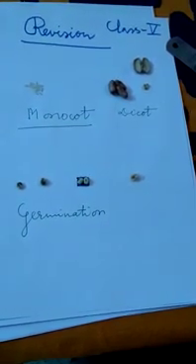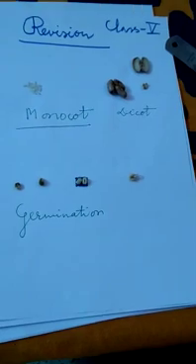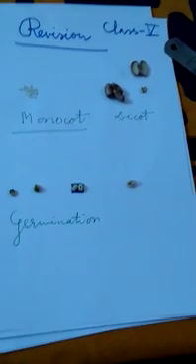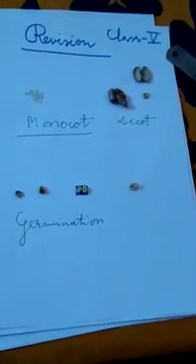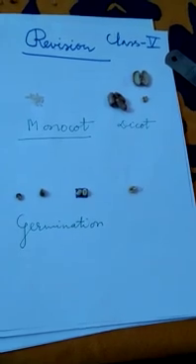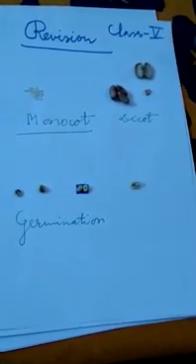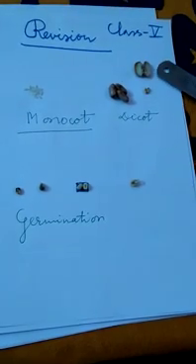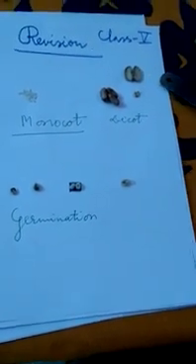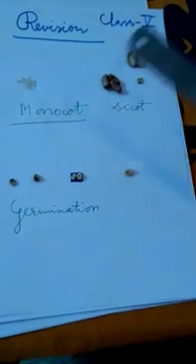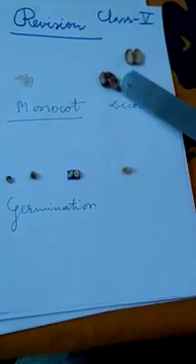During the discussion of reproduction in plants, we also saw the reproduction from seeds. When we started to discuss, we saw the structure of a seed, and we saw the monocot seed and dicot seed.